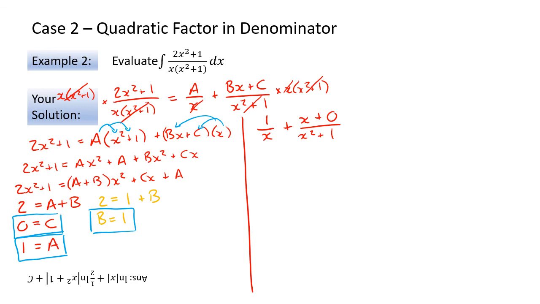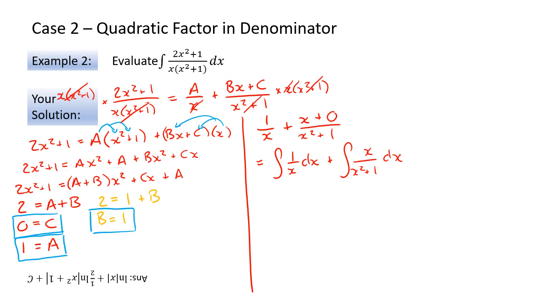We can write them as integrals. So we have the integral of 1 over x dx plus the integral of x over x squared plus 1. Okay. Again, you'll notice we have an x squared term in the denominator and an x in the numerator for the second term. It's still going to integrate to ln, okay?